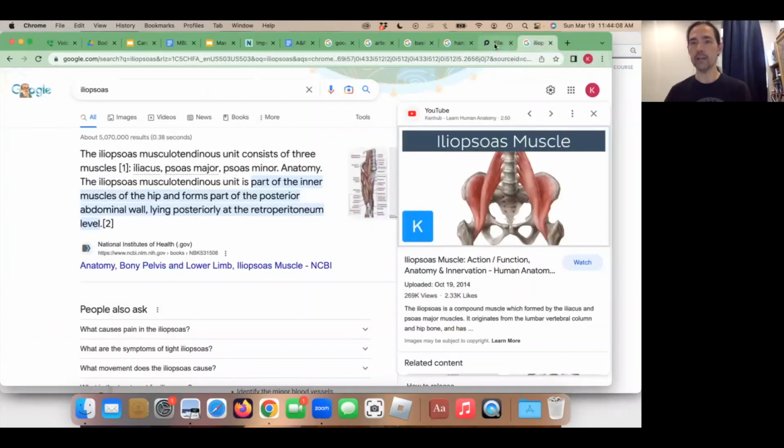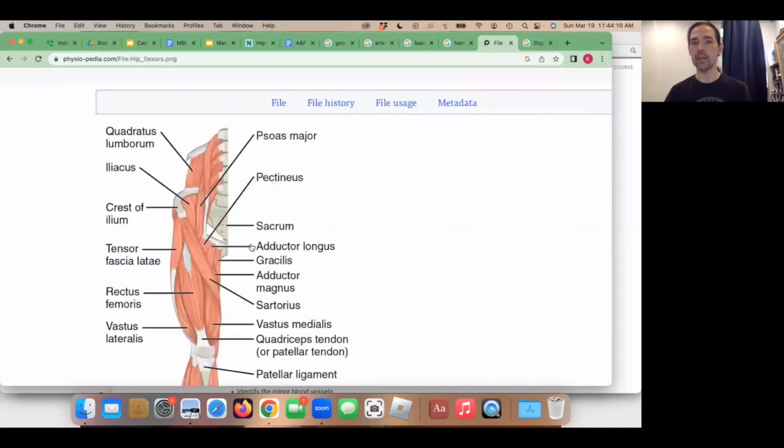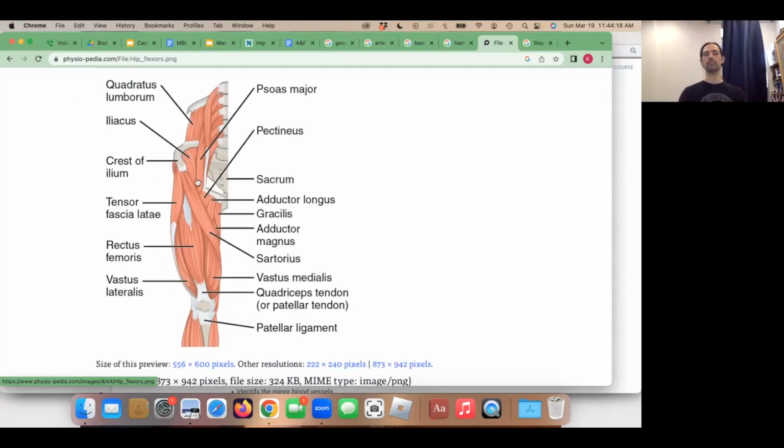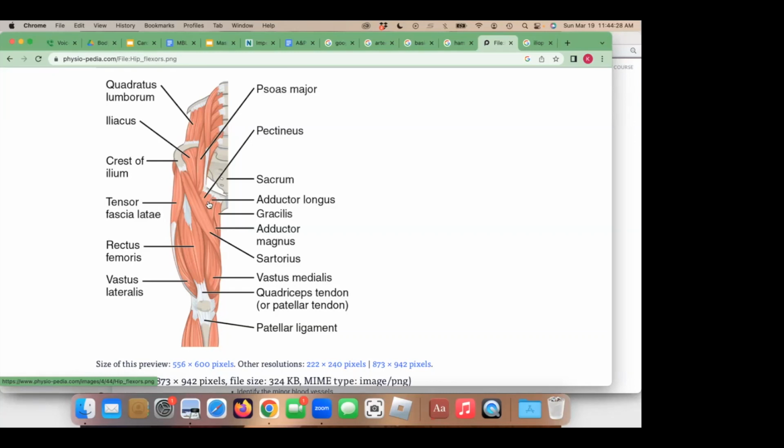If we're looking at the iliopsoas, iliacus, psoas, what movement are we talking about? Are we talking about hip flexion or hip extension? Flexion, very good.